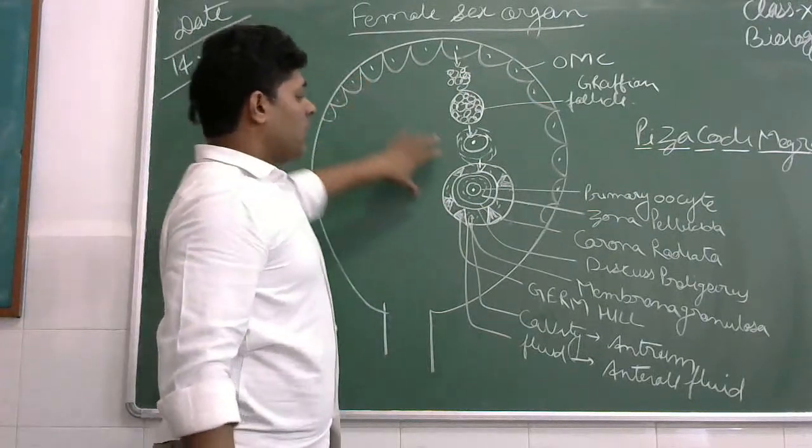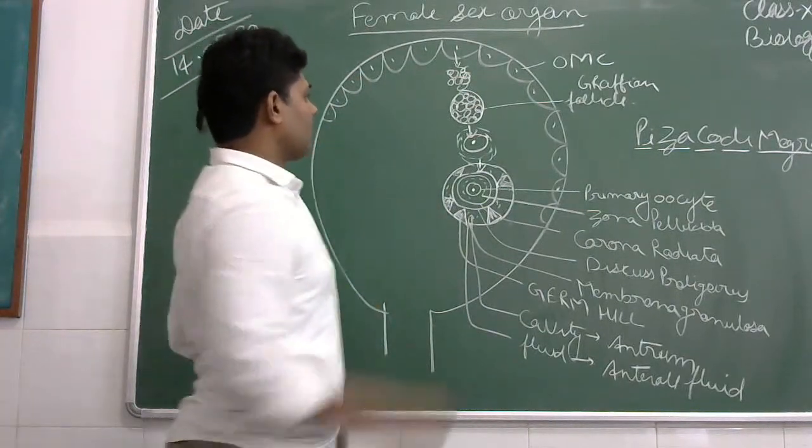So this is the mature and developed primary oocyte.